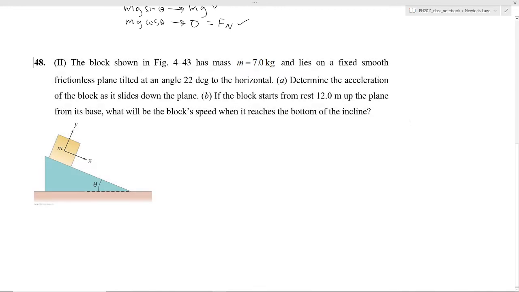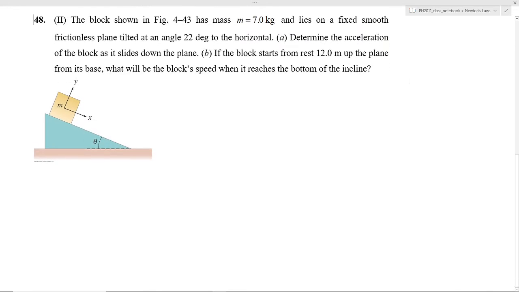The block shown in the figure has a mass of 7 kilograms and lies on a fixed, smooth, frictionless plane tilted at an angle of 22 degrees to the horizontal. Determine the acceleration of the block as it slides down the plane. And if the block starts from rest 12 meters up the plane from its base, what will the block's speed be when it reaches the bottom of the incline?